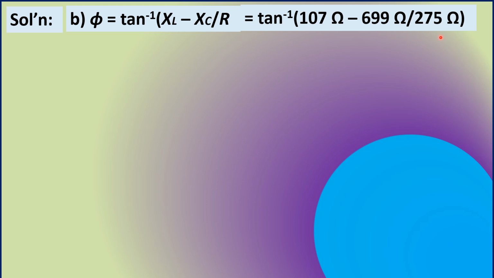Using your scientific calculator, we will get the value of the phase angle phi, which is negative 1.14 radians, whose equivalent in degrees is equal to negative 65.1 degrees.